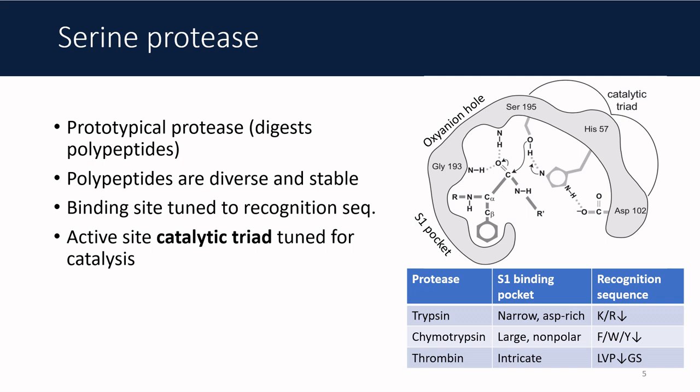This is actually a big challenge because proteins are both very diverse and very stable. So there are two problems all serine proteases must overcome. The first is, how do they discriminate substrates?